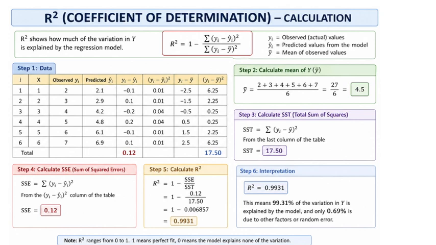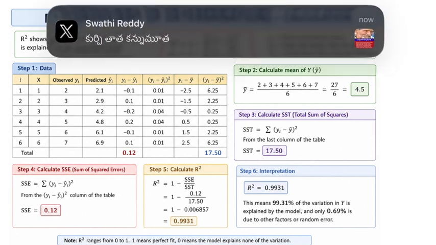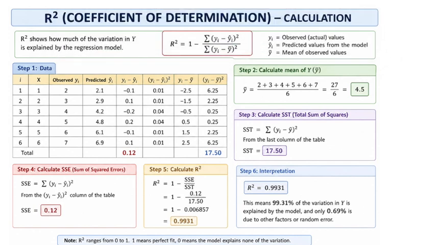Then the next one is calculating SSE, the sum of squared errors. This is very important. The formula for the sum of squared errors is the sum of (yi minus y cap) squared. We calculate this sum of squared errors, 0.12, by subtracting the predicted values from the observed values.